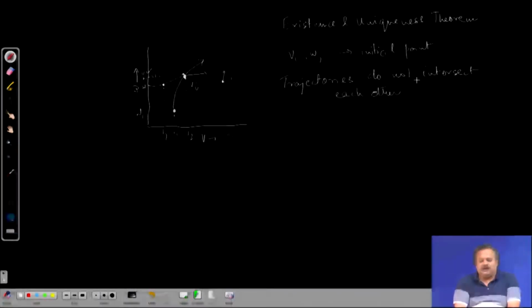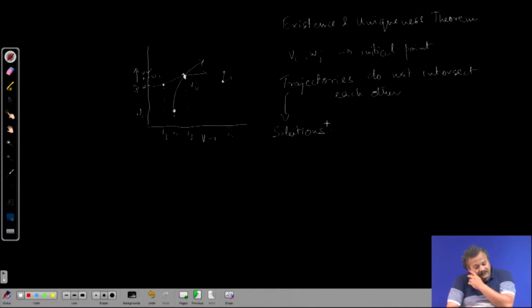What do we mean by trajectories? Trajectories, as we had mentioned, are simply solutions of the set of differential equations that we are analyzing in this phase plane. And the V(t), W(t) curve is the trajectory if we start from one particular initial condition. So, that is one aspect of it.